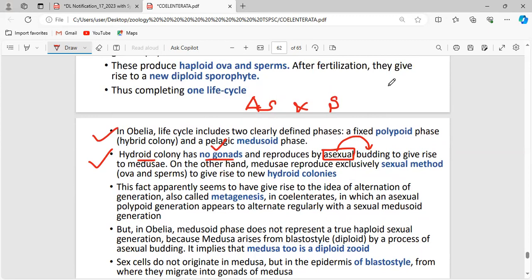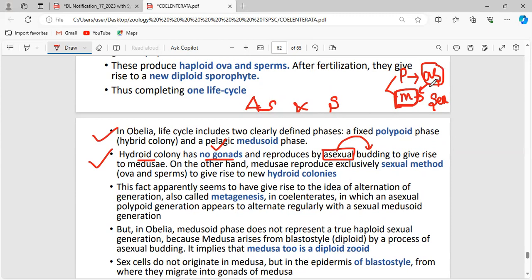We have studied two different forms in the coelenterata: polyp and medusa. The polyp is the one going to perform the asexual reproduction. The medusa is going to perform the sexual reproduction. But how is this medusa forming? This medusa is forming by the asexual reproduction mechanism.